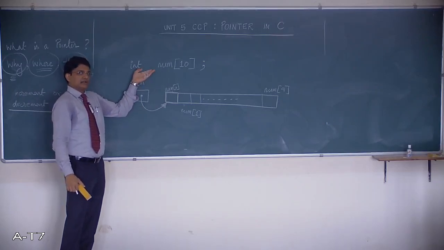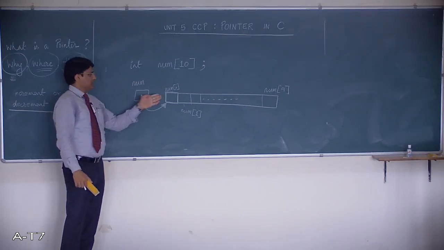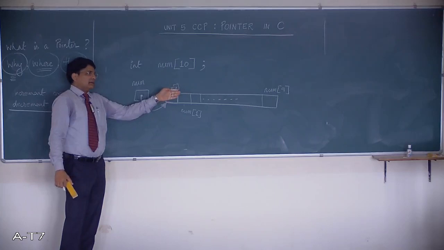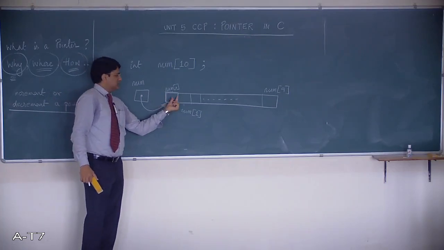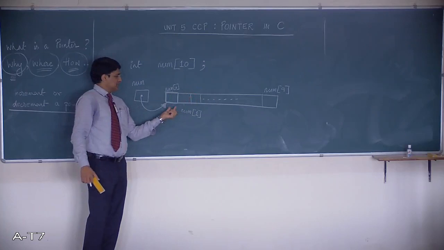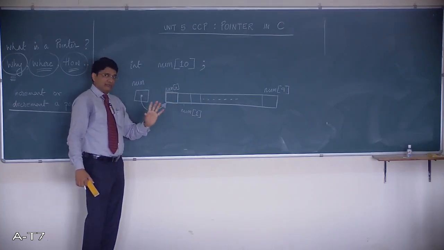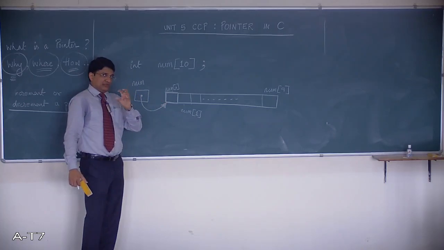When you declare an array like this, int num of 10, remember this happens in the memory. There are these 10 integers, so 10 into 4 bytes, so there are 40 bytes. The first number is 4 bytes, called num of 0. 0 is the index. That's how it is in arrays.